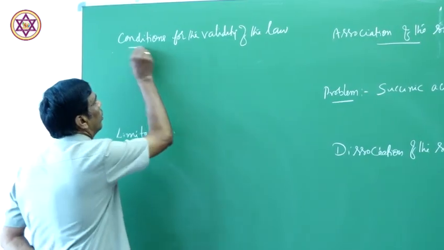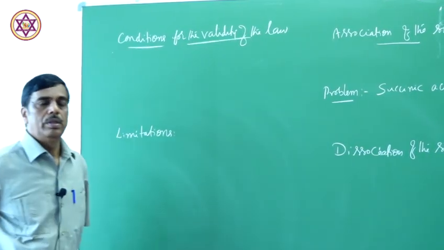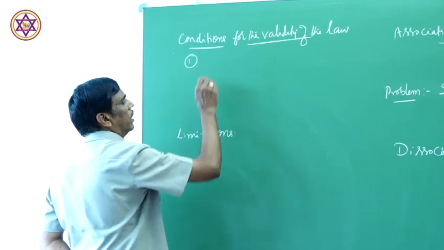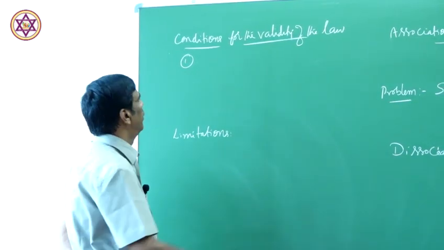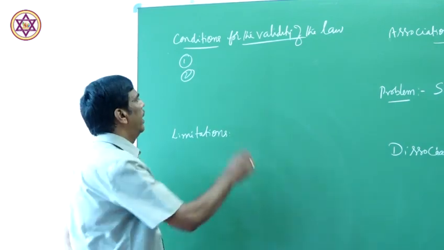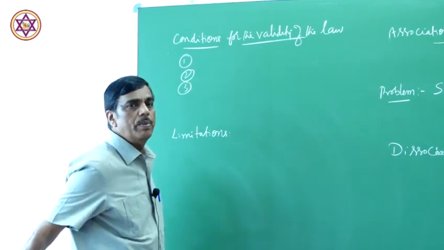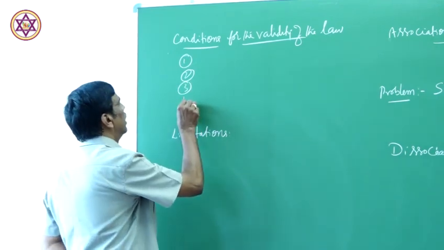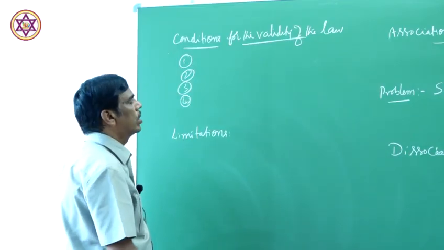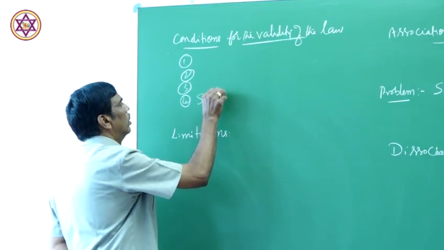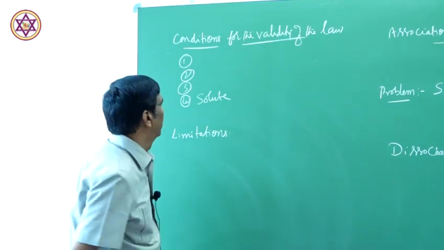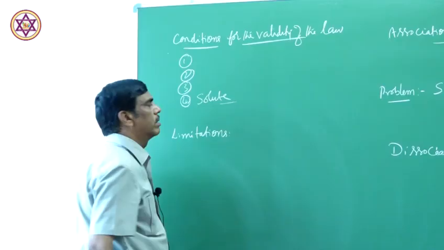So, as I told you, the different conditions of the validity of the law: liquids should be completely immiscible, a low amount of the solute should be added, temperature should be constant, and the solute should not associate or dissociate in any one of the solvents.